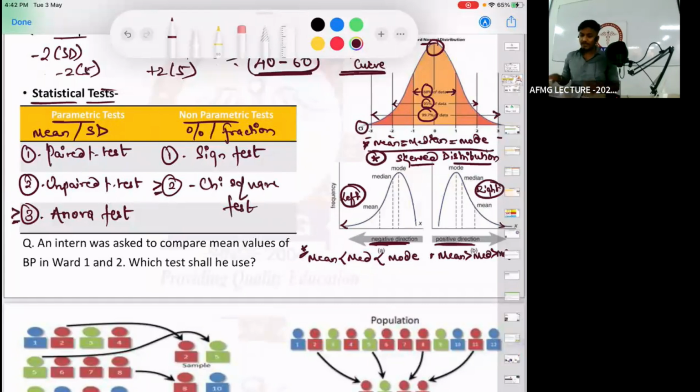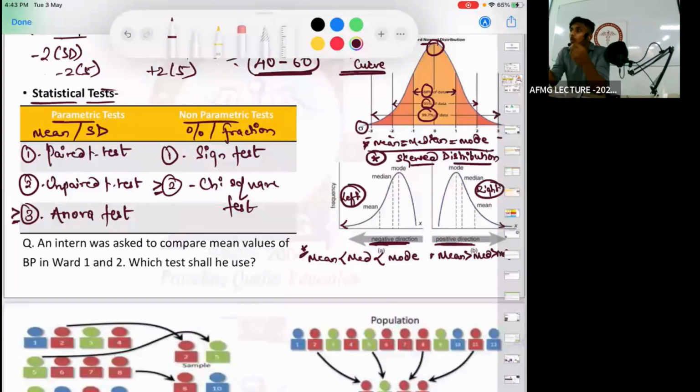Now giving you examples. Okay? I have one group of hypertensive individuals. I calculated their BP and their mean BP was 140 by 90. After giving the drug in the same group, the BP was 120 by 80. So what am I comparing?